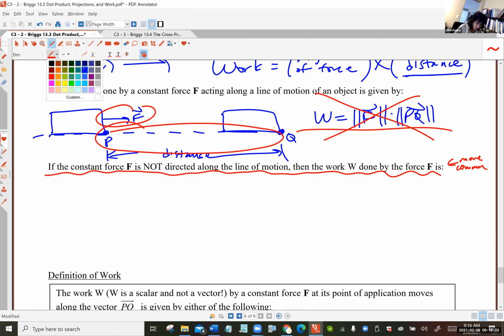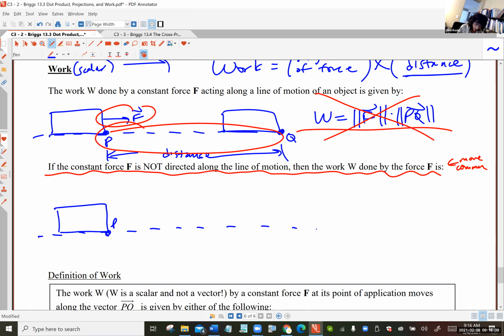So we'll do the same piece of granite sitting on the ground. Here it is. Hasn't changed. Here's the ground. Let's say you're pulling on the rope, but not in exactly the same direction as your line of motion. It's making an angle of 30 degrees with the horizontal.